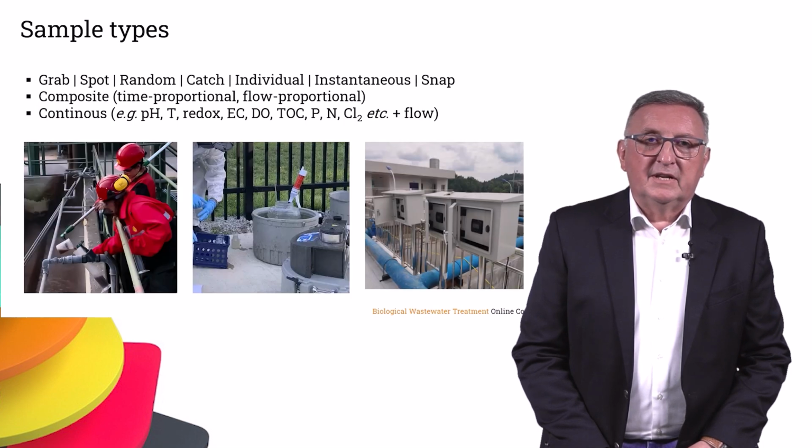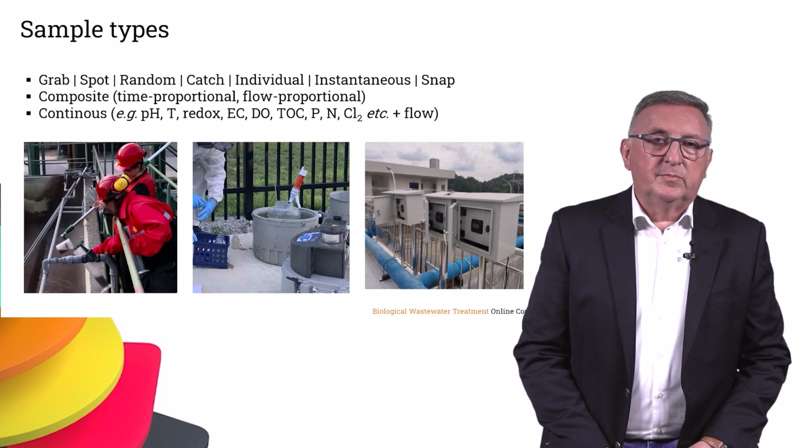There are different types of samples. The most common are grab, or also called spot, random, catch, individual, instantaneous, or snap samples. These are all different names for the same thing. The second one is composite sample, and mostly two groups are known: time proportional and flow proportional.